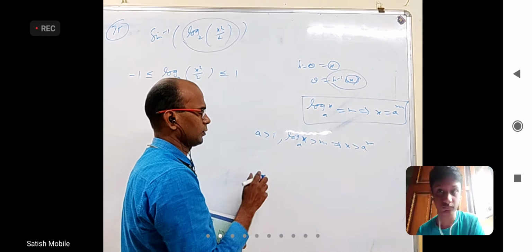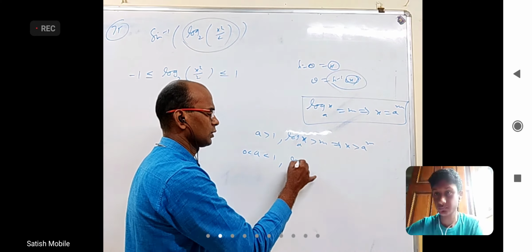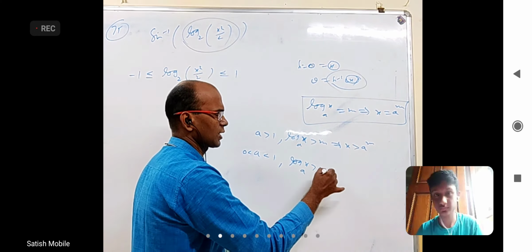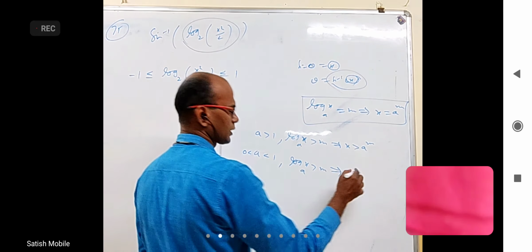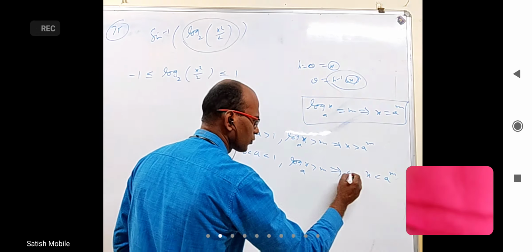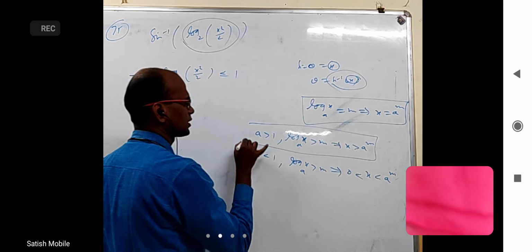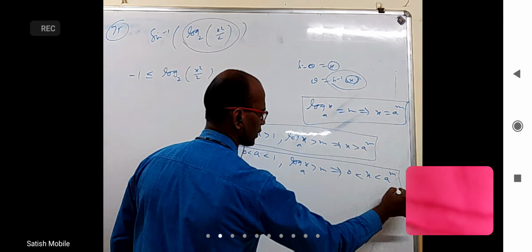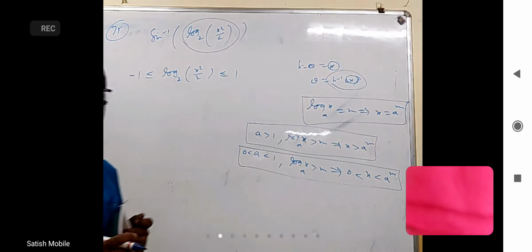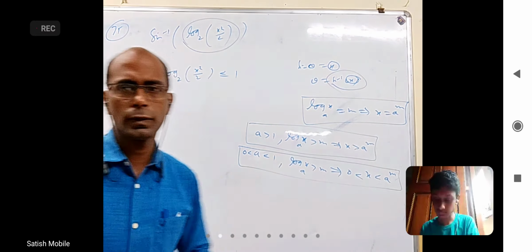Same inequality. But if a is between 0 and 1, then log x base a greater than m implies you will not get greater than m, you will get x less than a power m. And of course, x should be positive. So basically, these are the three things that we may use while finding the domain, if at all we use logarithms. One is equality, and these are two kinds of inequalities.